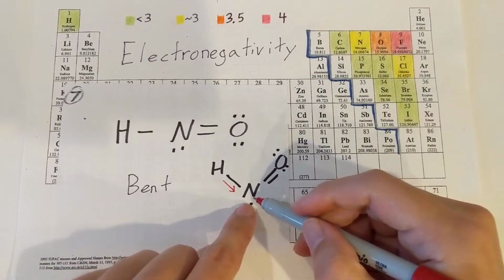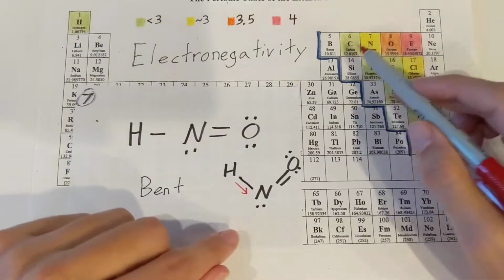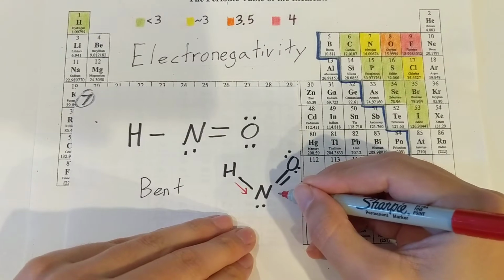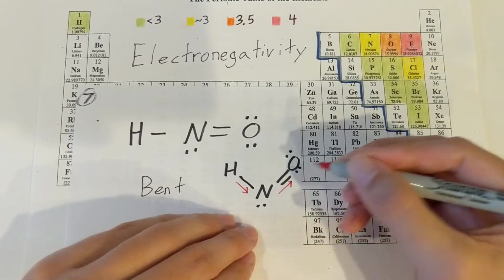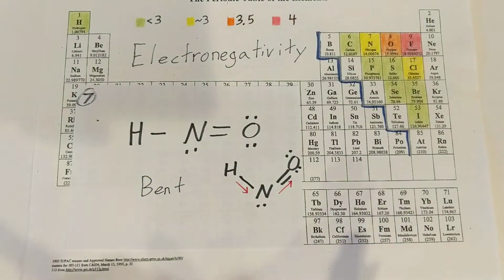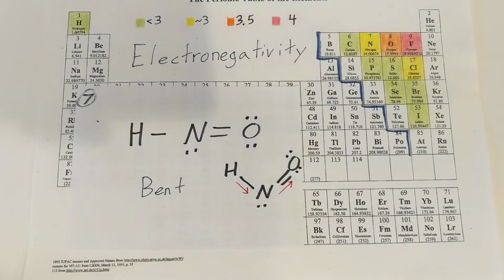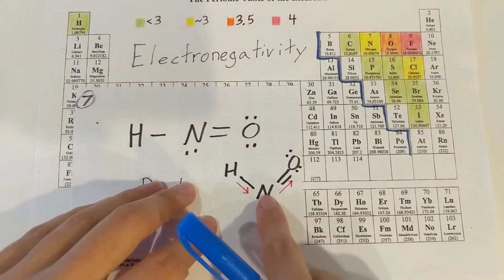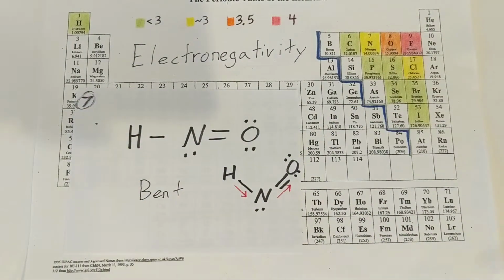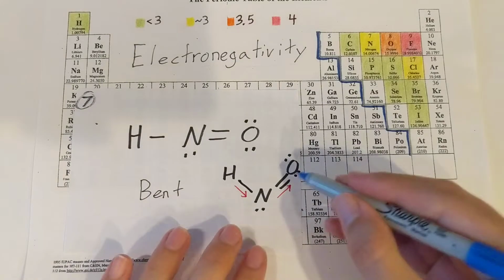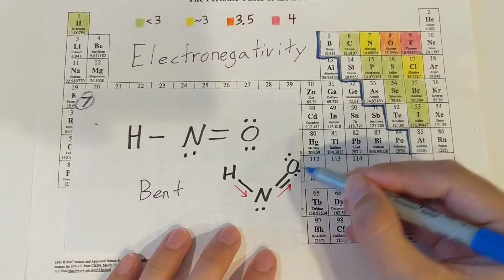And if you take a look at the nitrogen and the oxygen, the oxygen has even higher electronegativity. So now this is where we have to start adding vectors together. So you take a look, it's got some movement in this direction, it's got some movement in that direction.